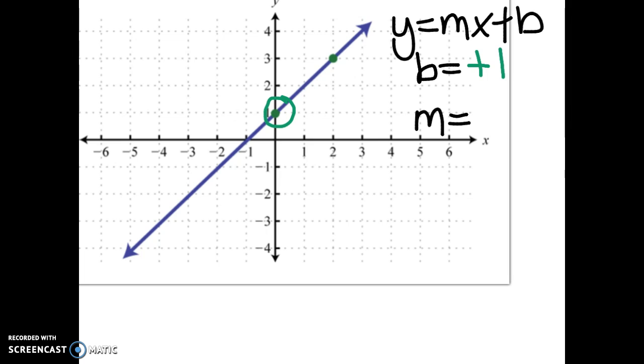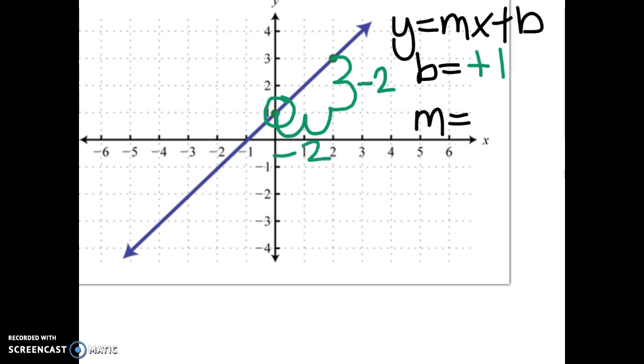I'm going to move from this point here to this point here. What am I trying to find when I move from one point to another point? I'm looking for the slope. So I'm going to go down 2, then left 2.